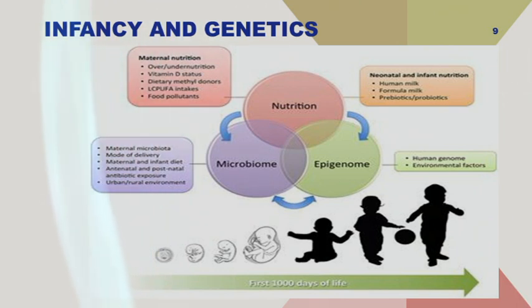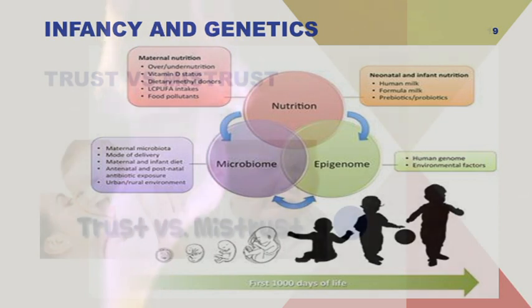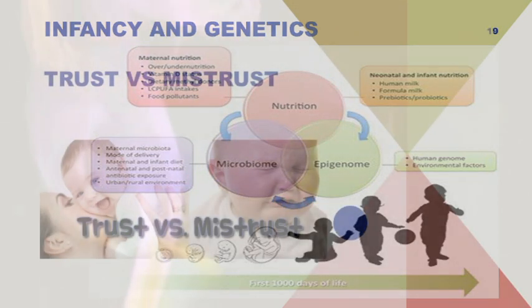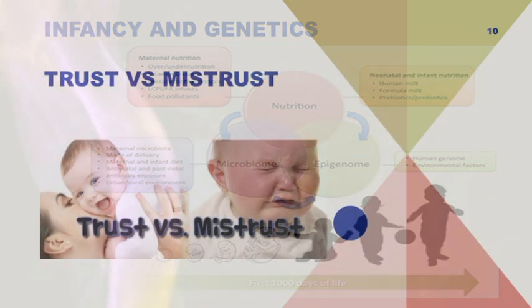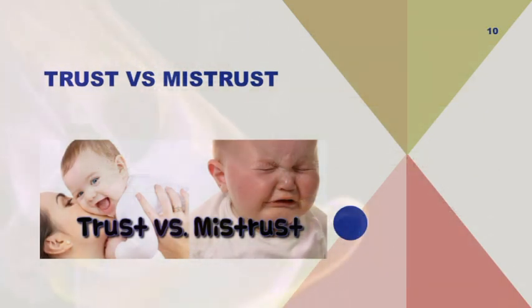Now, there is another key value that is going on during this stage that is also very important. Within the realm of early childhood development, the concept of basic trust versus mistrust holds significant importance. And it really lays the foundation for the child's socio-emotional well-being and future relationships.